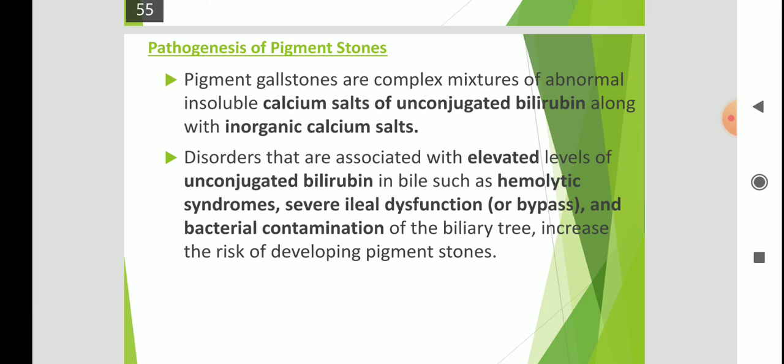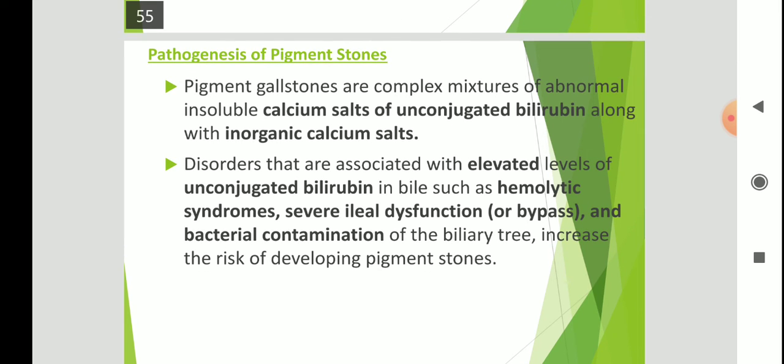Disorders associated with elevated levels of unconjugated bilirubin, like hemolytic syndromes and ileal dysfunction, superadded with bacterial contamination of the biliary tree, increase the risk of formation of pigment stones in the gallbladder.